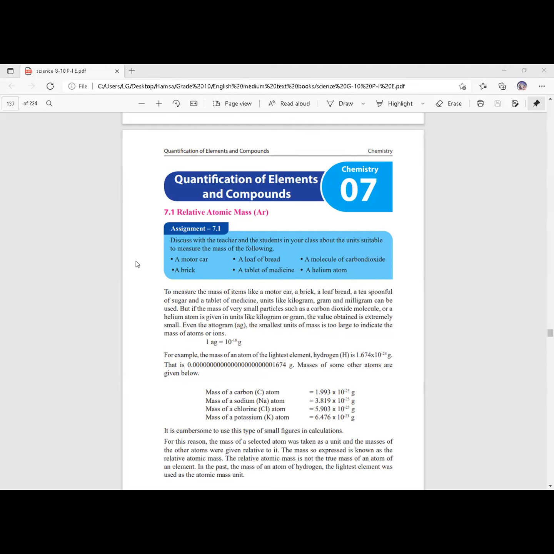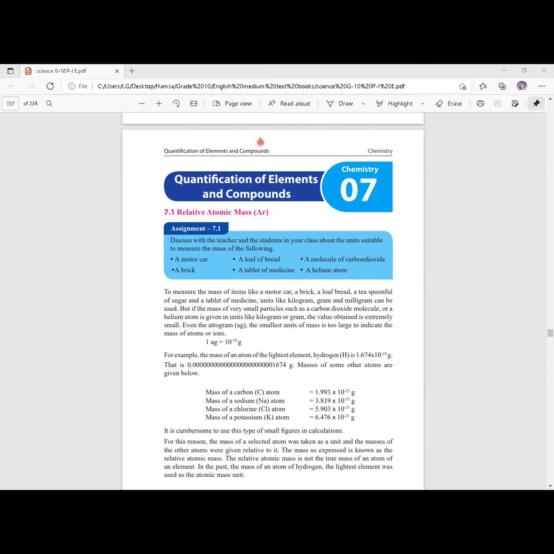So here, discuss with the teacher and the students in your class the units suitable to measure the mass of the following. What is the unit used to measure the mass of a car? You might have learned in mathematics. First of all, I'll tell you the units of mass.